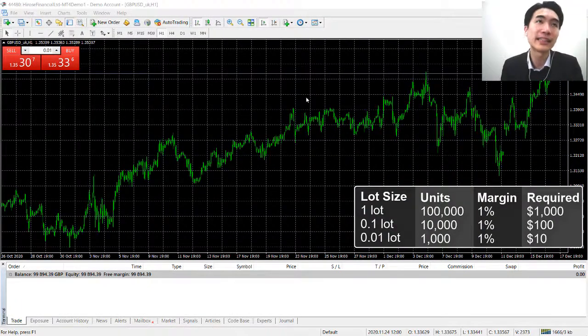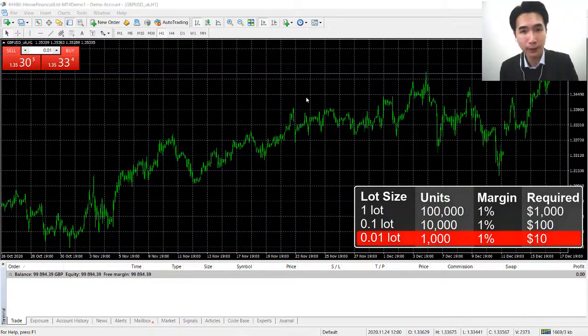Let's say we trade a micro lot, which is 0.01 standard lot, and inside a micro lot there are 1,000 units. So we are managing $1,000 in funds. How much do we actually need to invest to manage that $1,000?